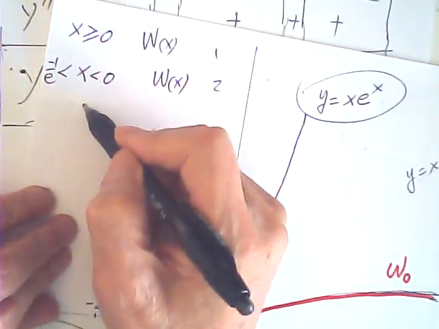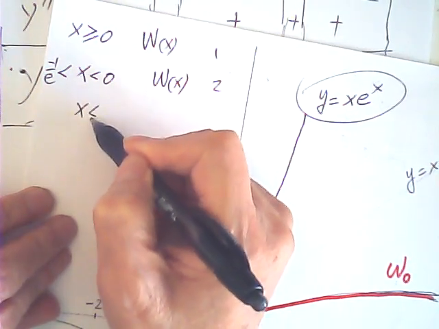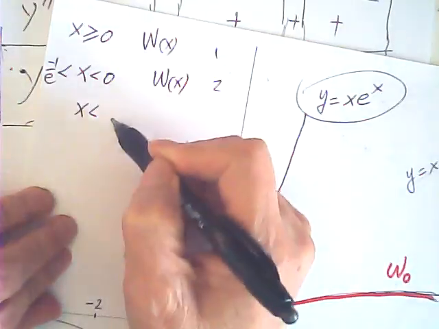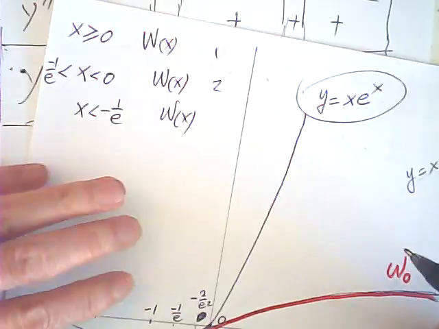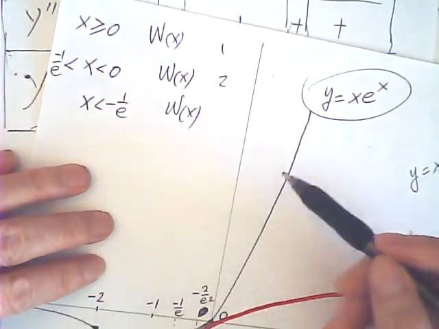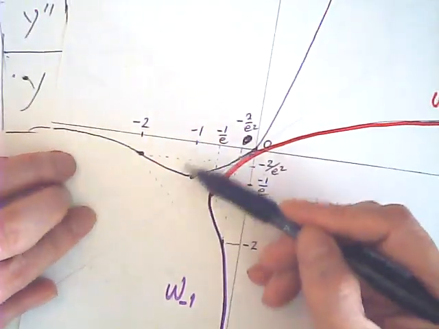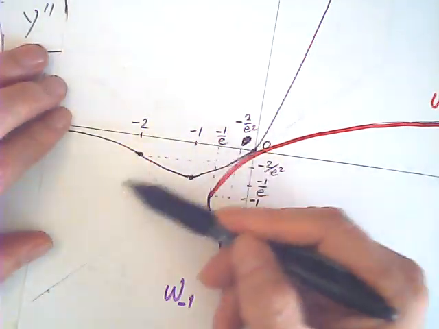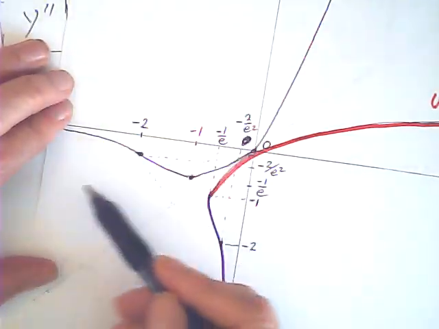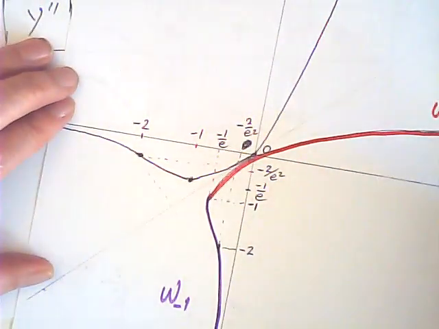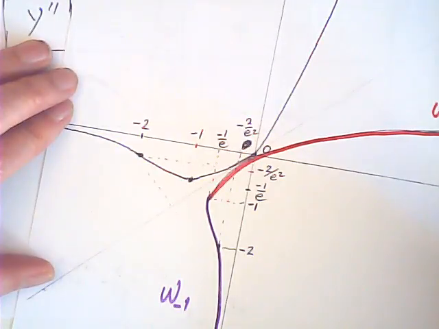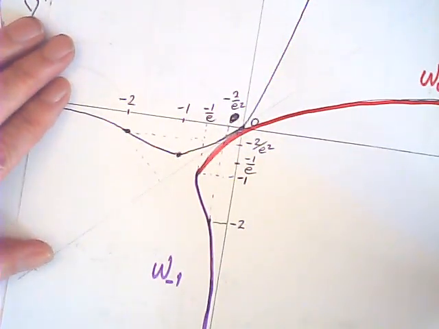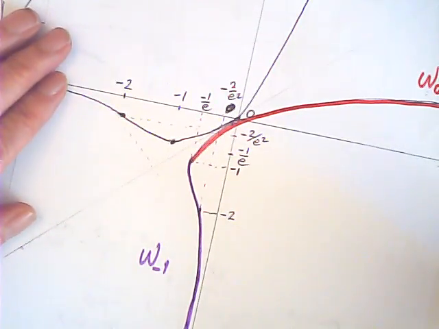When x is less than minus 1 over e, then the W function has no real solution. It has only complex solutions, because beyond this point, there's no corresponding point for the W function. So it must have complex solutions.